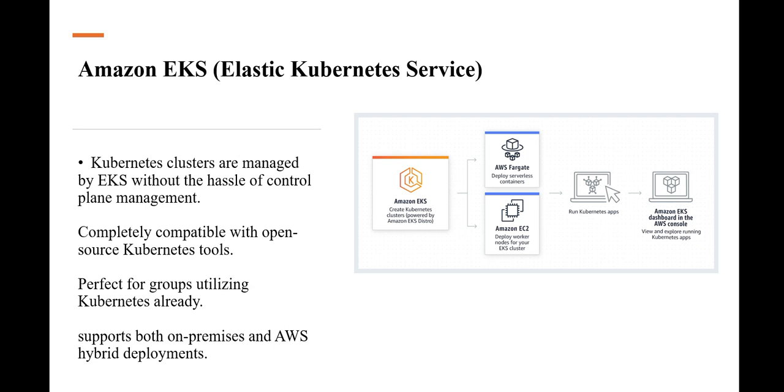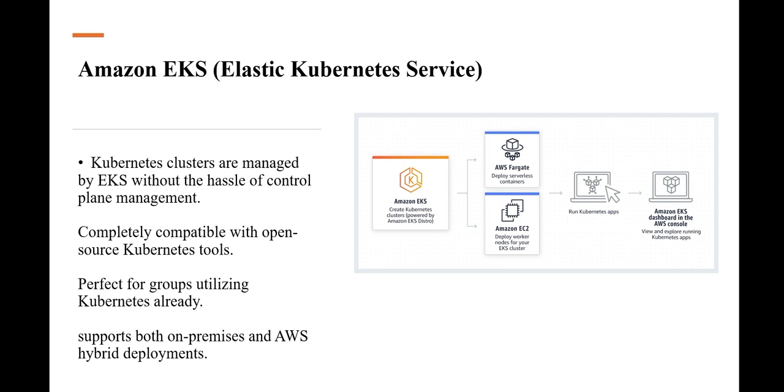And next one is AWS EKS, Elastic Kubernetes Service. Elastic Kubernetes clusters are managed by EKS without the hassle of control plane management. It's ideal for teams that already use Kubernetes or want to take advantage of the large ecosystem of Kubernetes tools. With EKS, AWS takes care of the hard parts like upgrades and availability, so you can focus on deploying and managing your app.